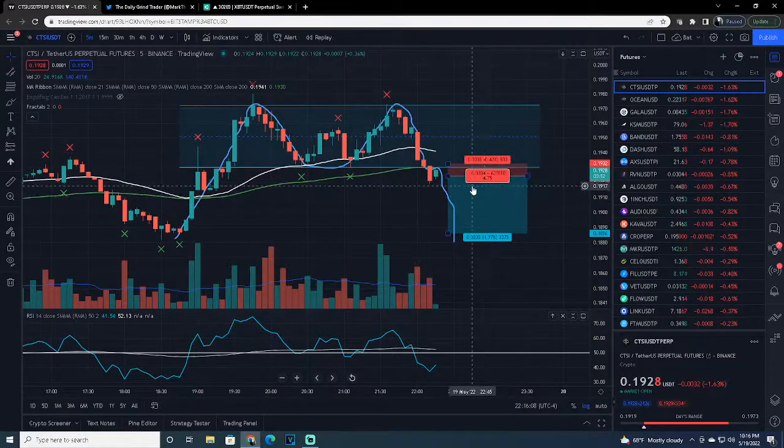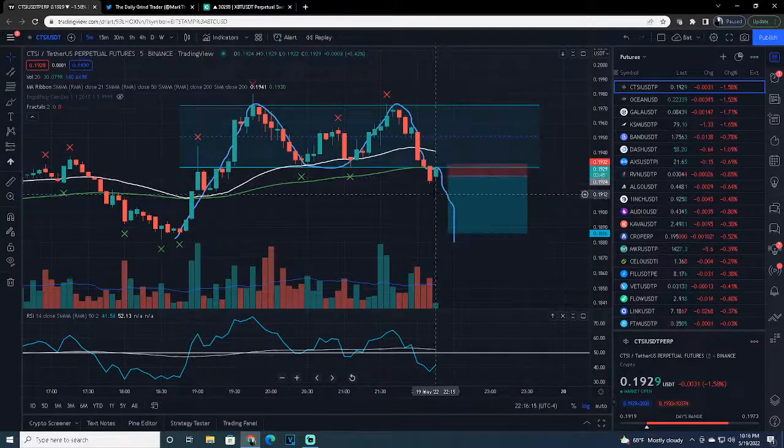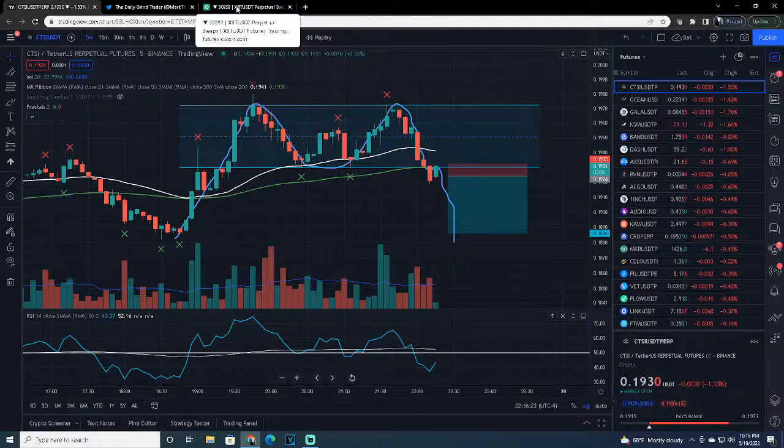So I think this is the worst part about trading, and even on 5-minute candles, it still kind of sucks because you're waiting and just watching to see if this candle goes in the direction that you want it to. CTSI.